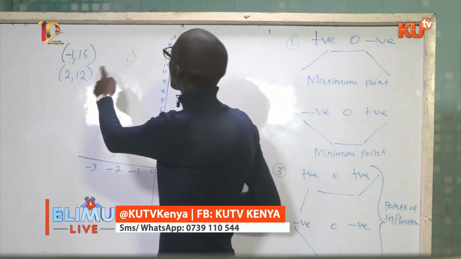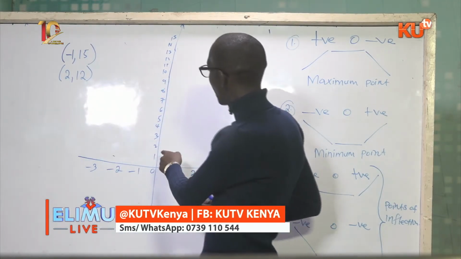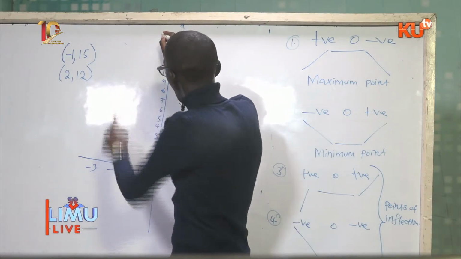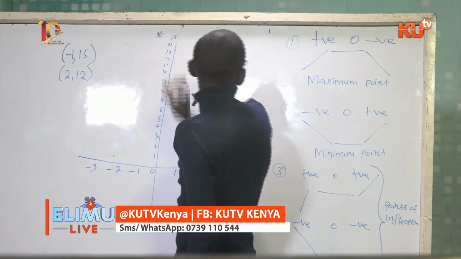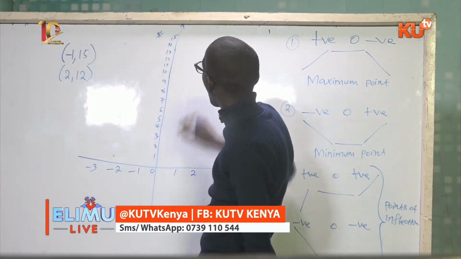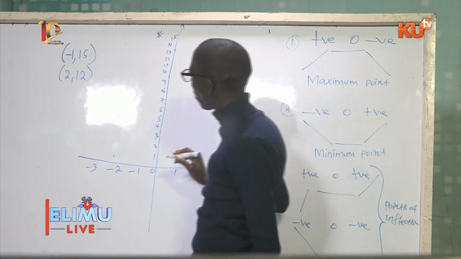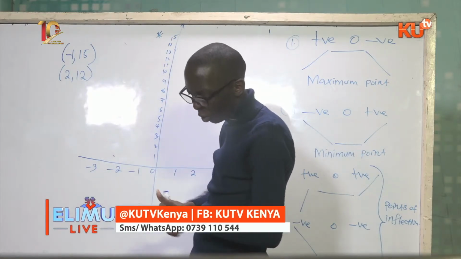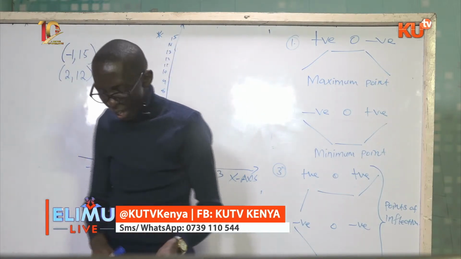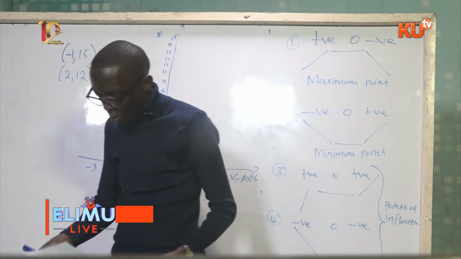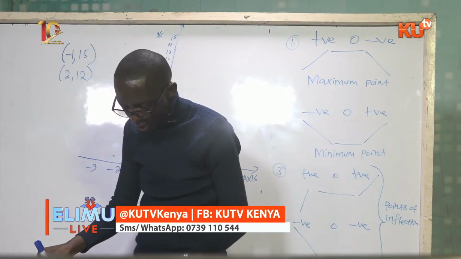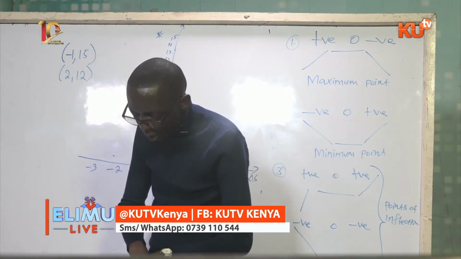So -1, 15, you mark there. Then we have 2, 12. Was it 12 or -12? What did we get as our value of y when x was 2? I've erased what we got. Let me confirm. It was -12.